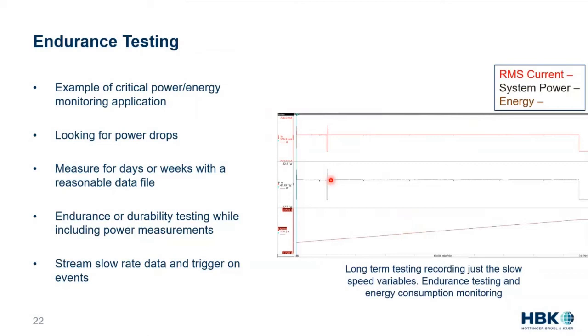So with these long-term tests, because we're doing those calculations in real time, we're able to stream them out over CAN bus or EtherCAT to an automation system. And that automation system can just record that slow rate data.